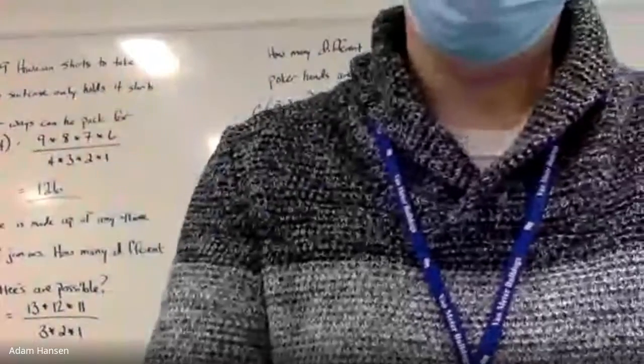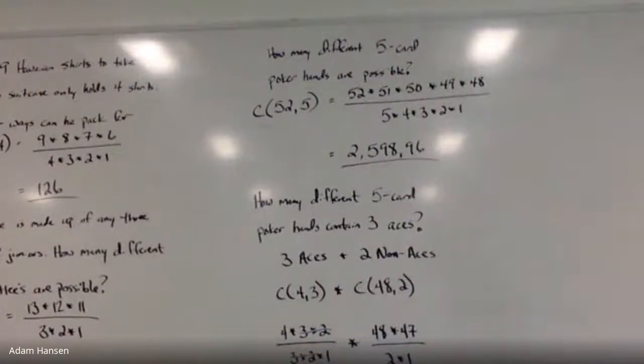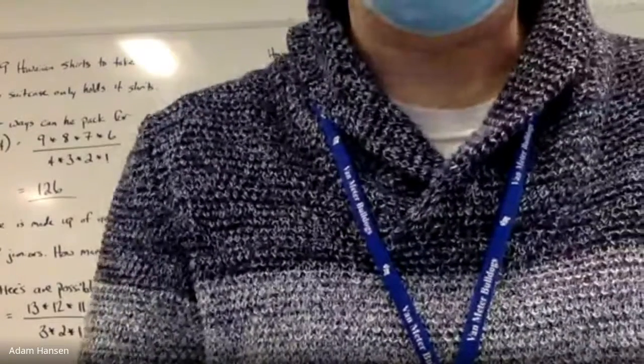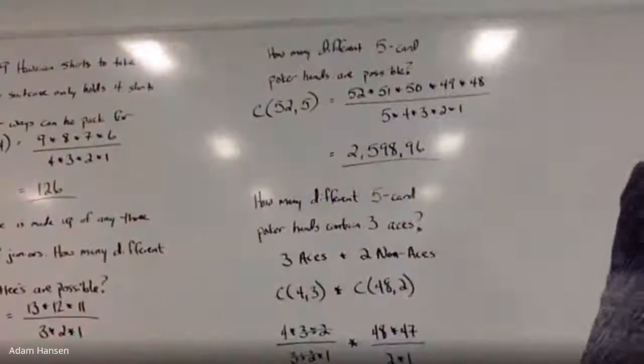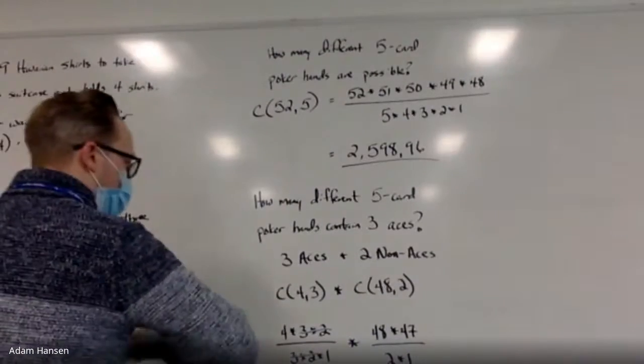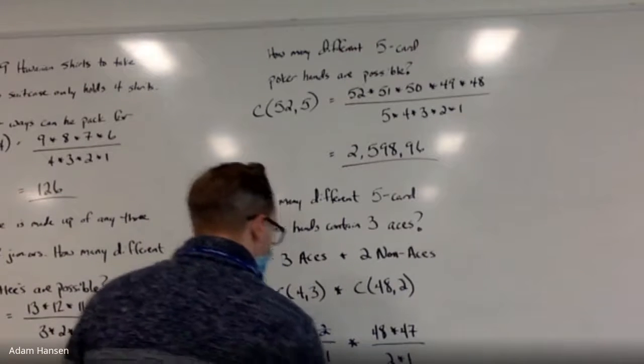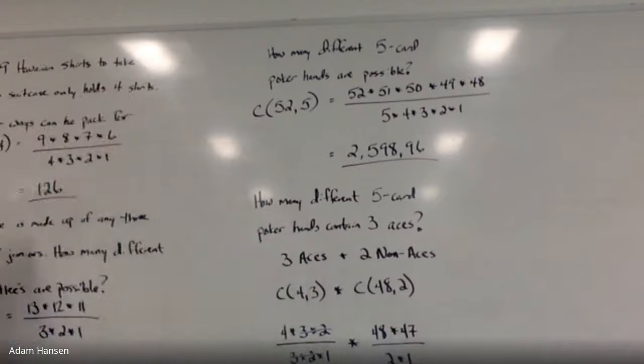We got 4 there, which makes sense. Now let's type in the rest. We've got 48 choose 2. So 48 times 47 divided by 2 times 1. Looks like there's 4,512 different 5-card poker hands that contain exactly 3 aces.